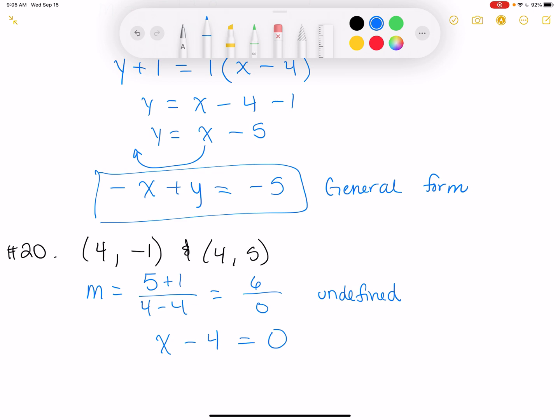You get that, which would actually graph as x is equal to 4. Because that line that goes up and down has an undefined slope.